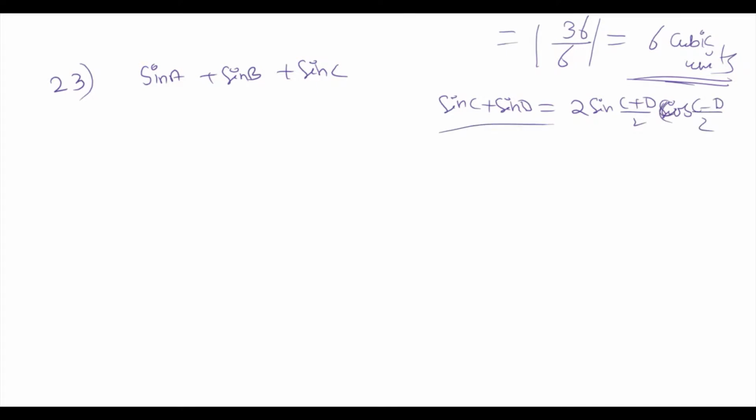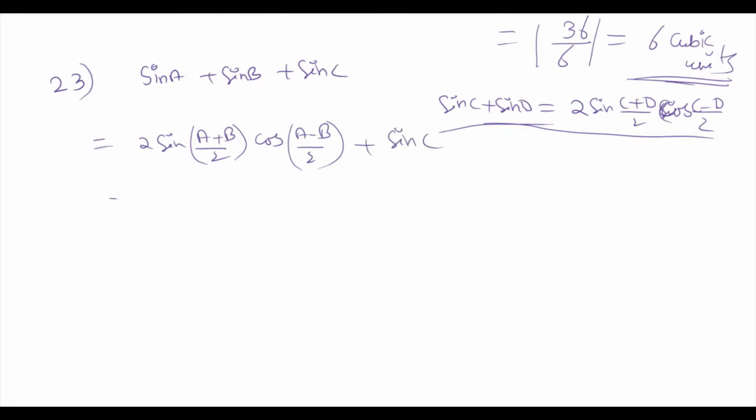Sin C plus sin D equals 2 sin of (C plus D)/2 into cos of (C minus D)/2. That equals 2 sin of (A plus B)/2 into cos of (A minus B)/2 plus sin C. I have A plus B plus C equals 180 in a triangle.